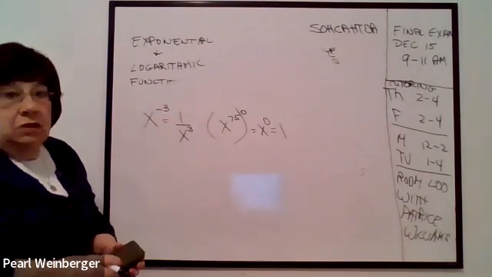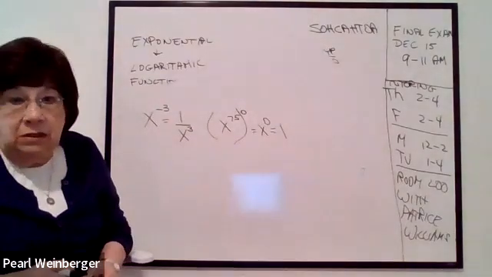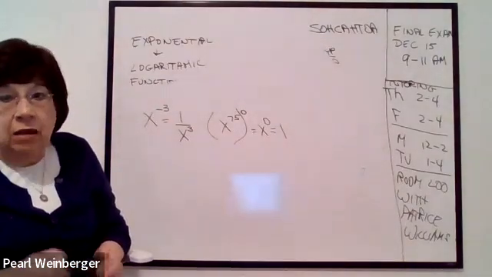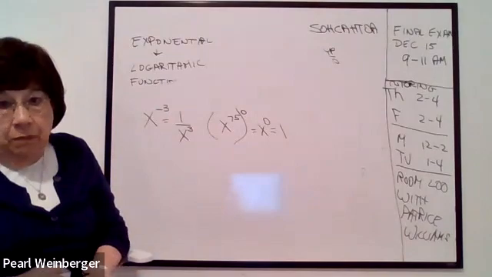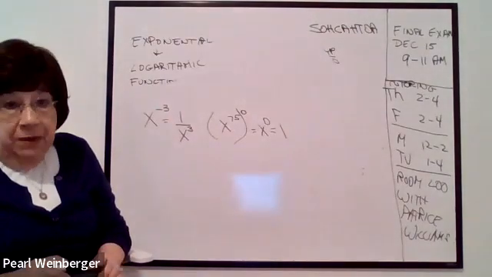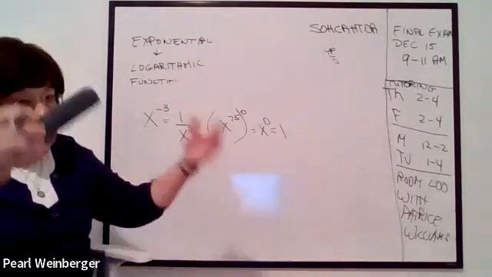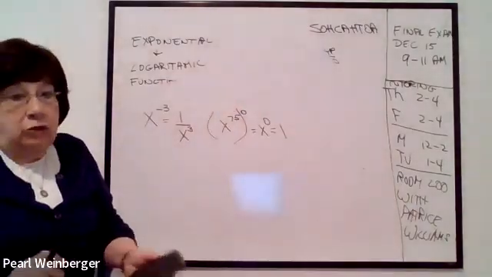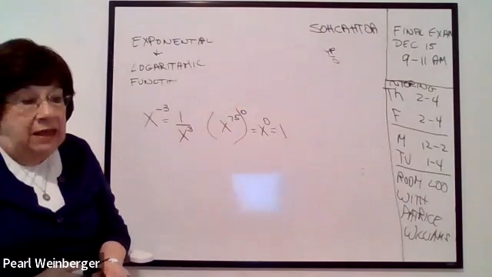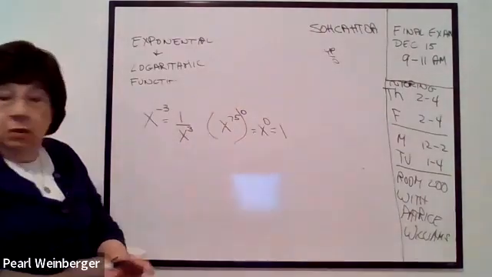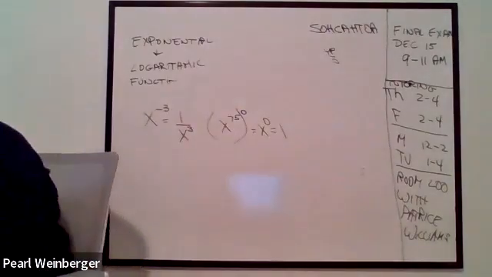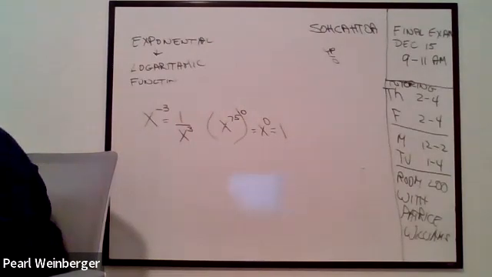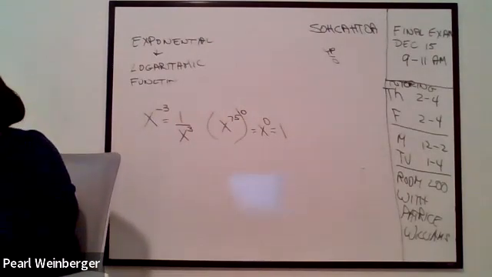In other words, the negative exponent is telling you to take the reciprocal of the number. Flip it, if it's in the bottom, put it on top. If it's on the top, put it on the bottom. That's what you do when you have a negative exponent.